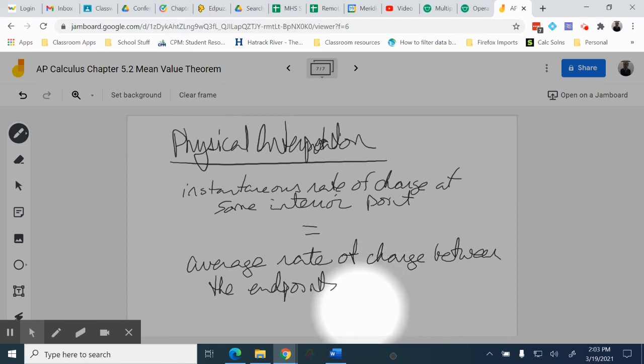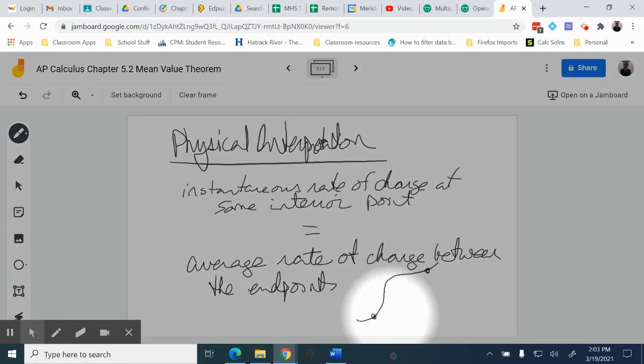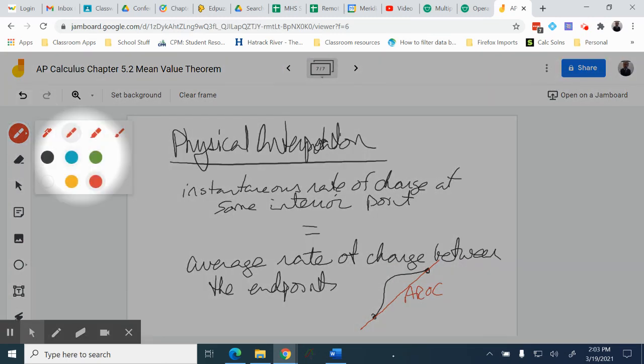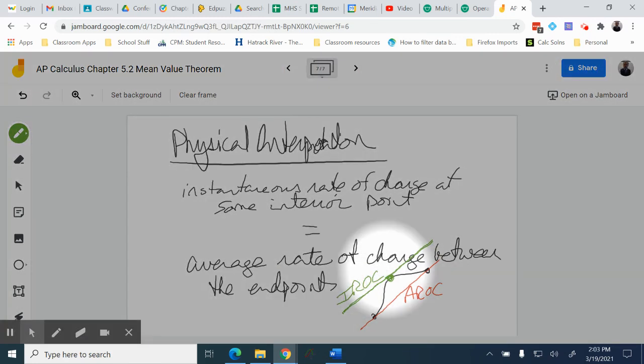Again, drawing that graph, we've got two endpoints outside of which we're not dealing with the function. We draw a line representing the average rate of change between those 2 points. We calculate the slope, and therefore there must be a point inside which has the same slope, which is the instantaneous rate of change.